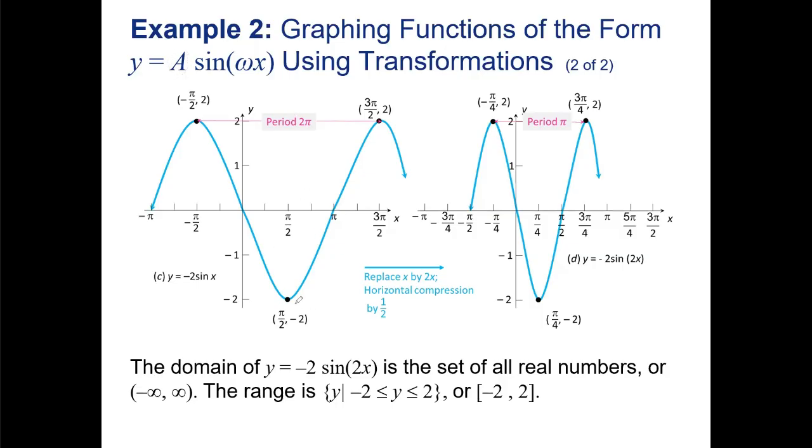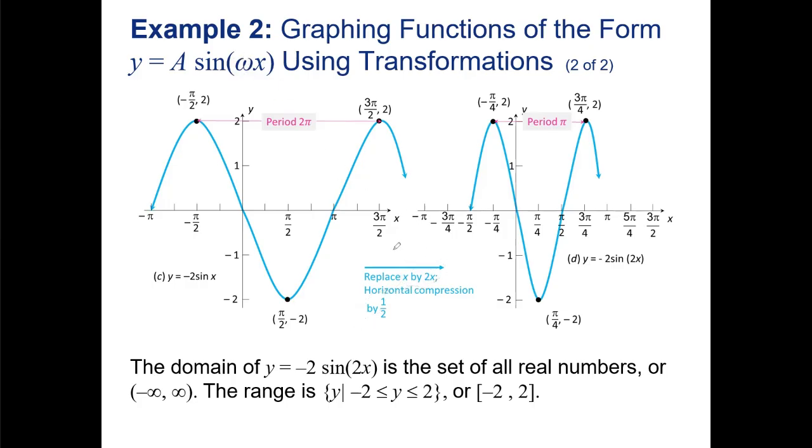But we also flipped it over the axis because of that negative. So it used to top out right here. Then they multiplied it by -1, which took it down here. And then they multiplied it by 2, which took it to -2. So same result as multiplying by -2. Now, what happened with omega is that it's going to change any x value by a factor of a half.